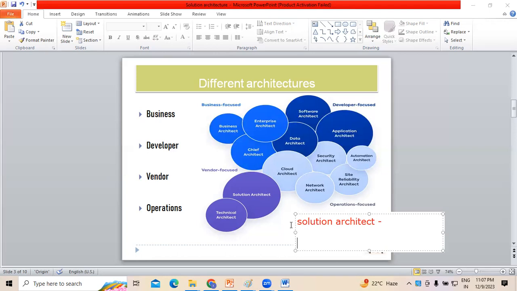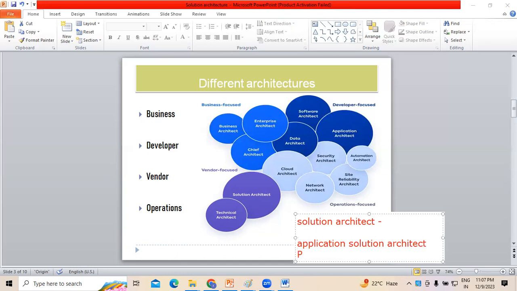But normally when you talk about solution architects, these solution architect roles will be categorized into 3 different areas. One is application solution architects, this is point number 1.